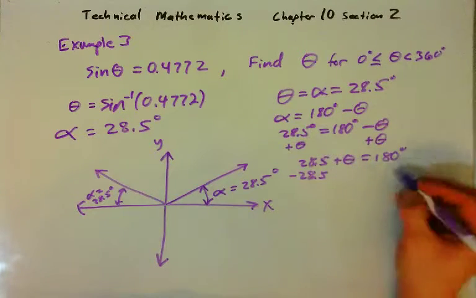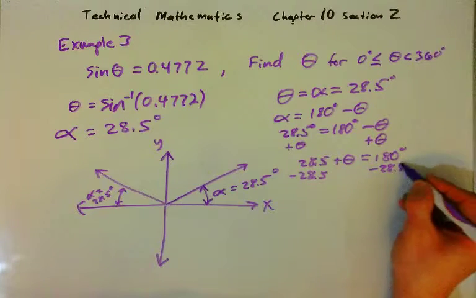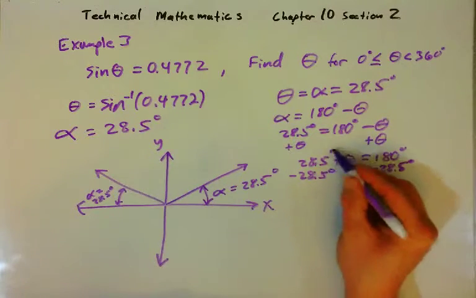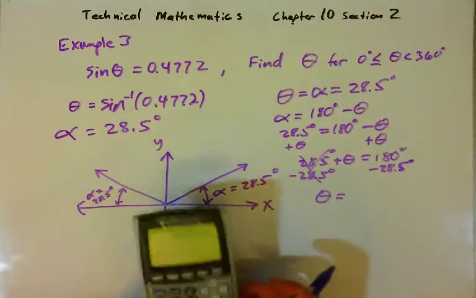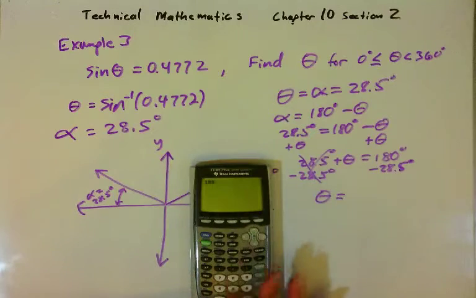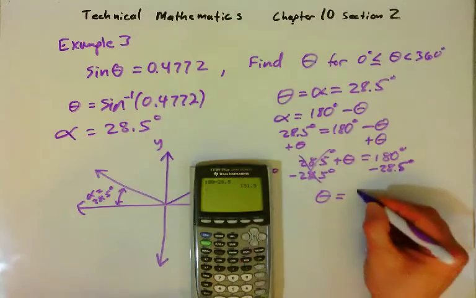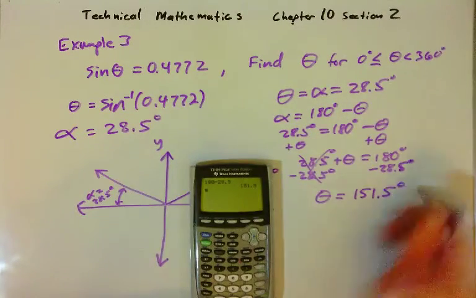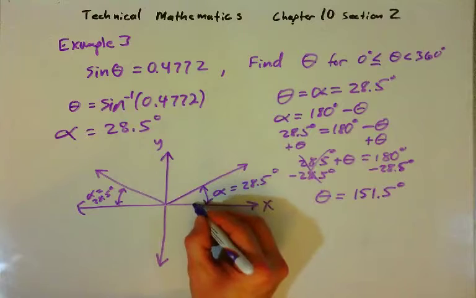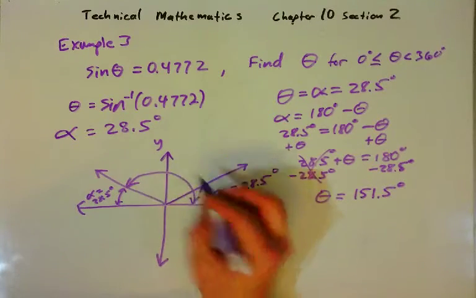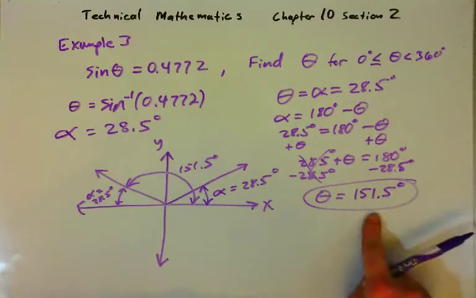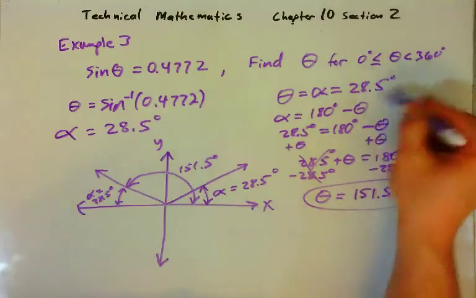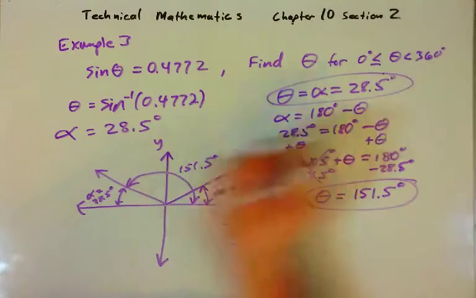And then we need to subtract 28.5 from both sides. So these cancel, and we get theta equals 180 minus 28.5, which is 151.5 degrees. And so the other possible answer for theta is 151.5 degrees. And so there's two answers. Theta is either 151.5 or theta is 28.5.